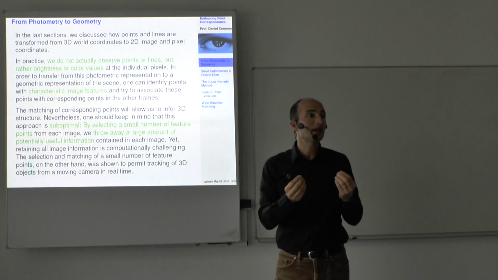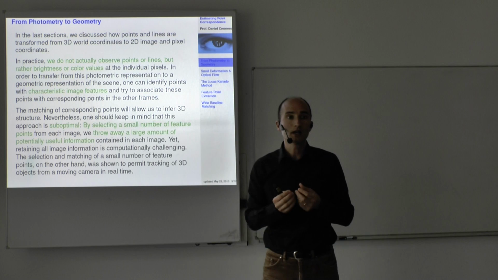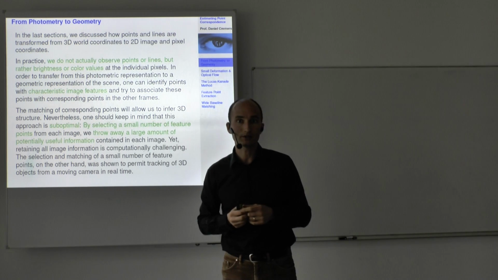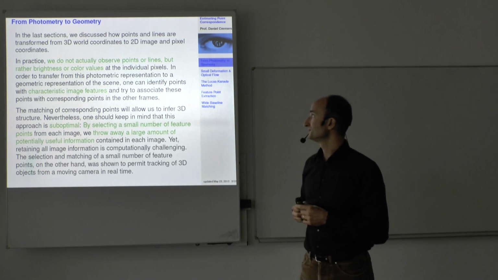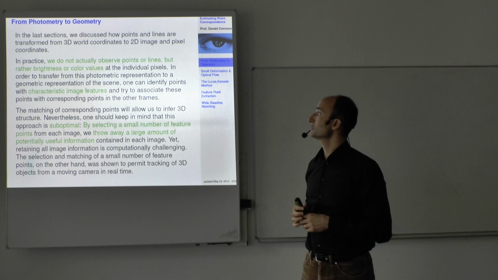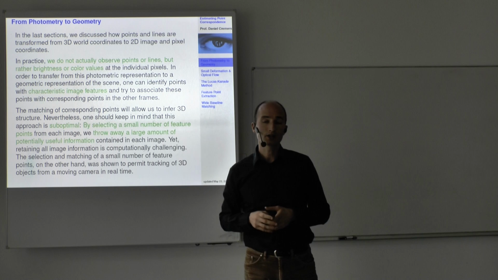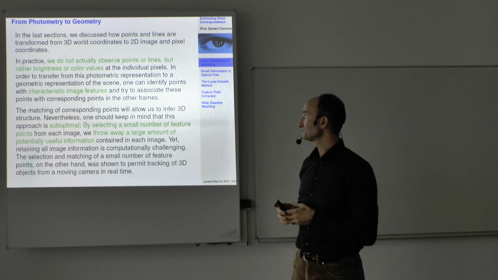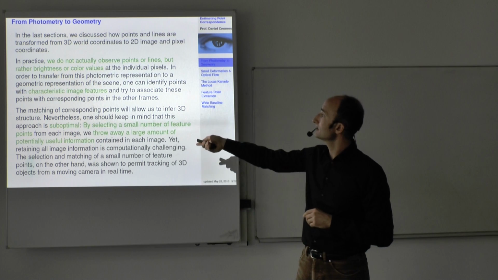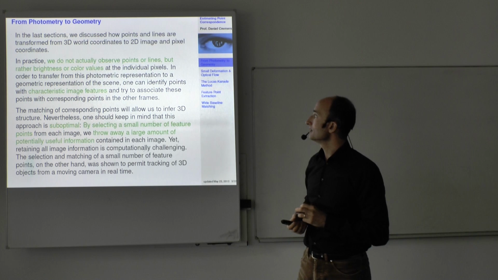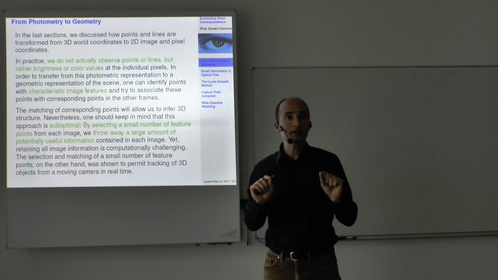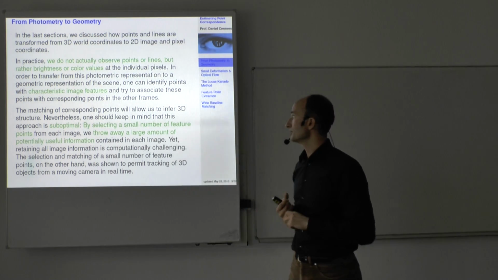Although things have changed, you want descriptors that are robust or invariant to these transformations. And so this is quite a challenge, and I will briefly describe some of the key concepts here. Once you have identified points, then you can put them in correspondence and you can try to infer geometry in this way.